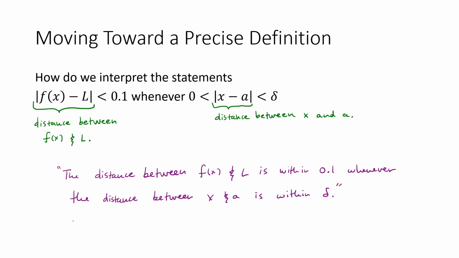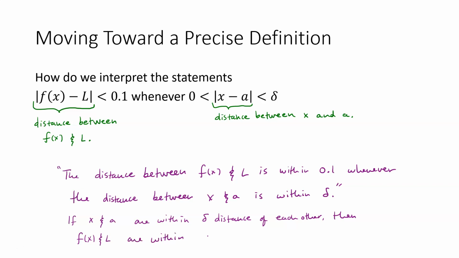Okay, so that's how we're going to interpret it: if x and a are within delta distance of each other, then f of x and L are within 0.1 of each other.